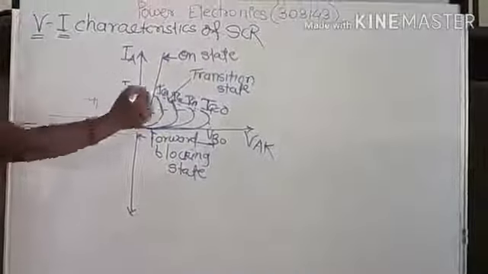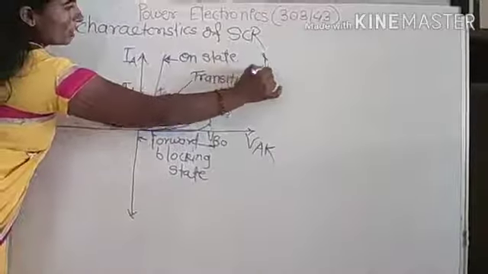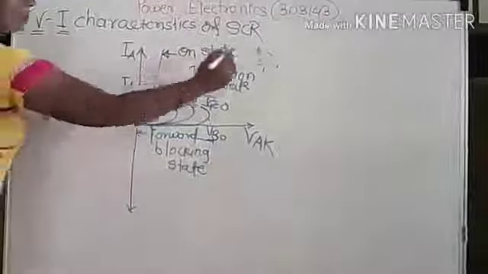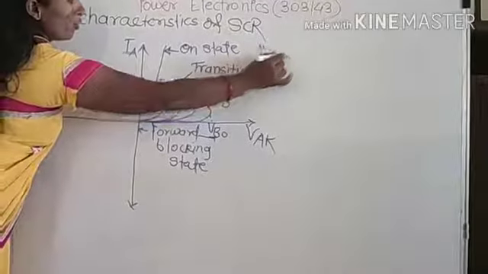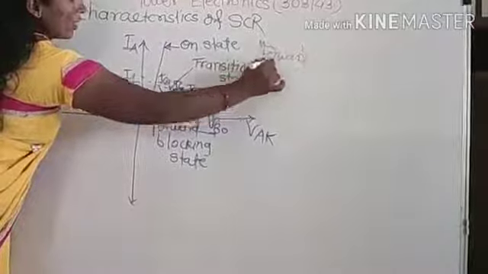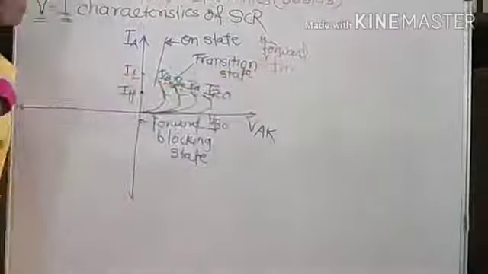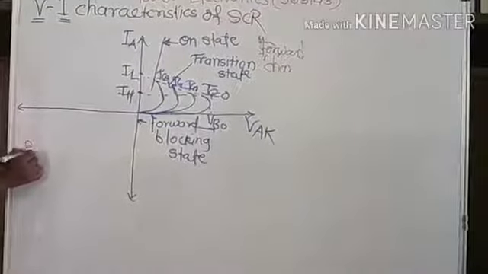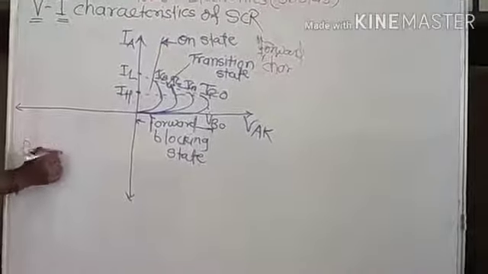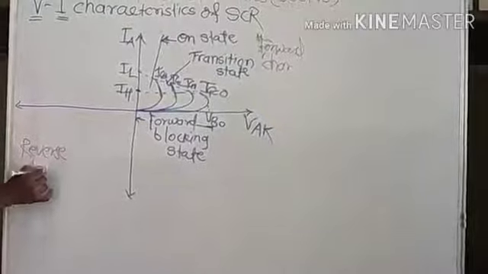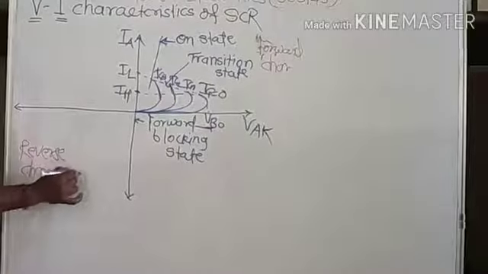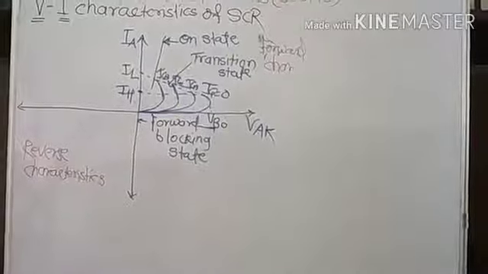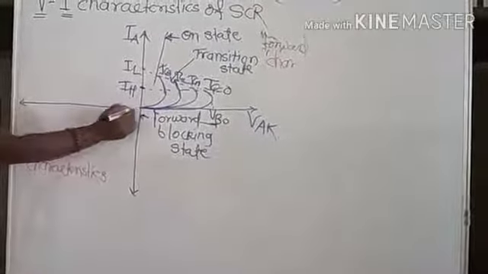These characteristics are called as a forward characteristics. And here called as a reverse characteristics. In reverse characteristics, the SCR is same as that of the diode.